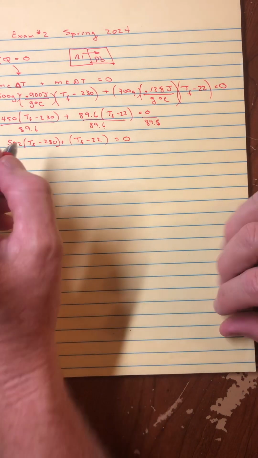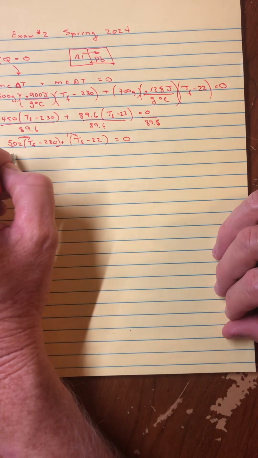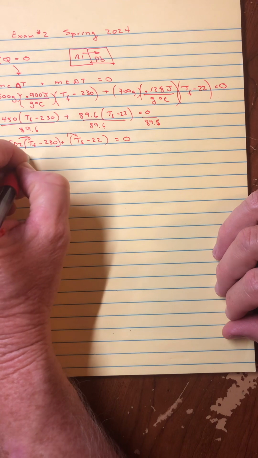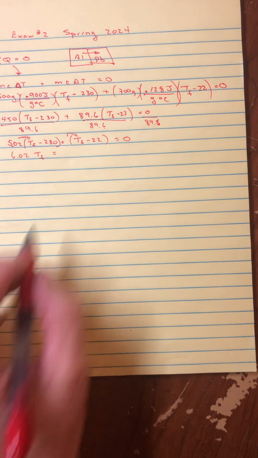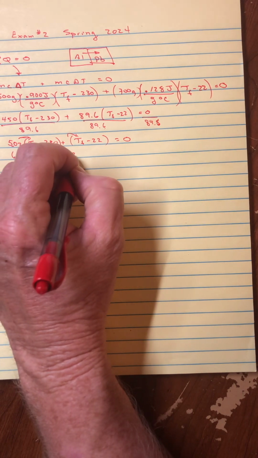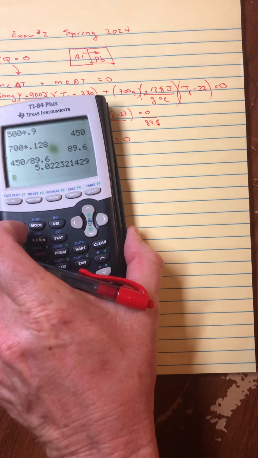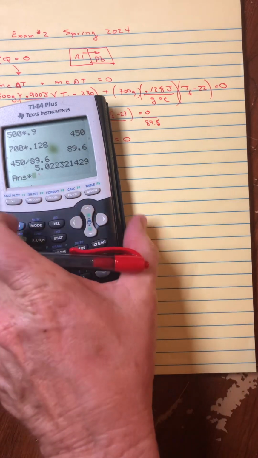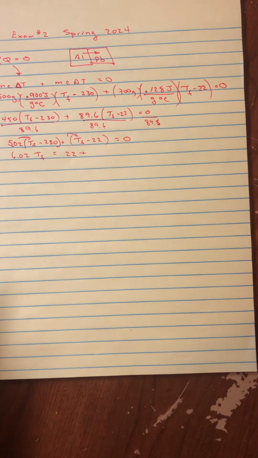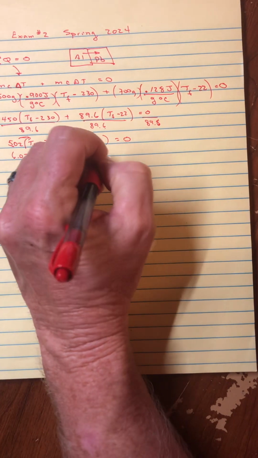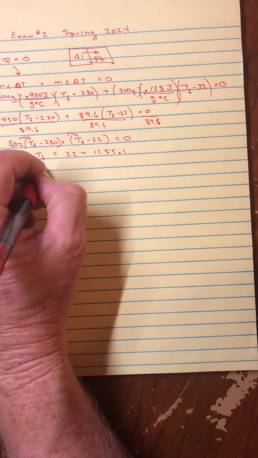Then if I do the distributive property, this would be a 5.02 and this would be a 1, and adding together is 6.02 times the final temperature. And on the other side is simply this 22, and maybe the more interesting one would be that 5.02 times the 230, making 1155, and I'll just go 0.1.